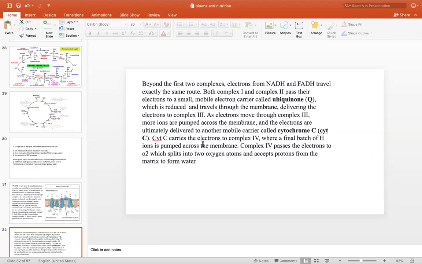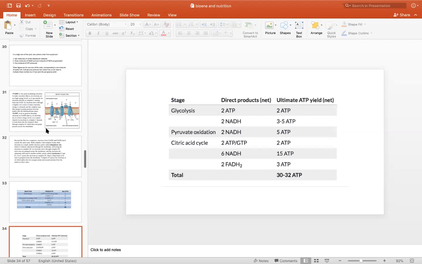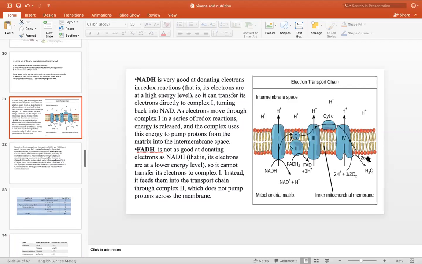As electrons move to complex 3, more ions are pumped across the membrane, and electrons are ultimately delivered to another mobile carrier called cytochrome C. Cytochrome C carries the electrons to complex 4. When a final batch of hydrogen ions is pumped across the membrane, complex 4 passes electrons to O2, which splits into 2 oxygen atoms and accepts hydrogen to form water. If you can look over here, water is formed.